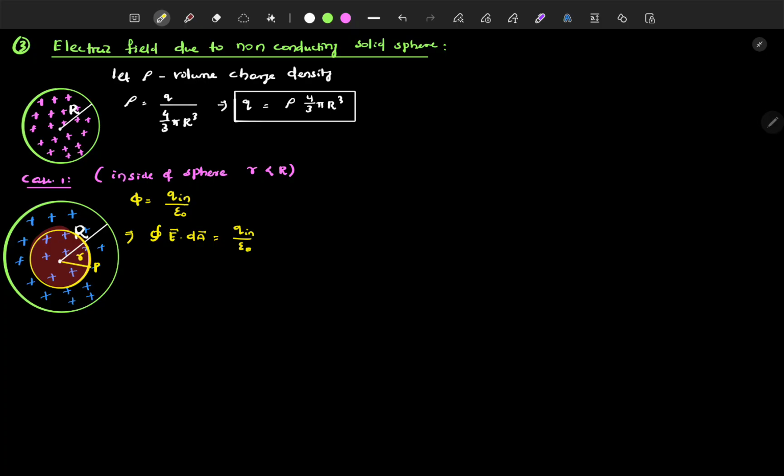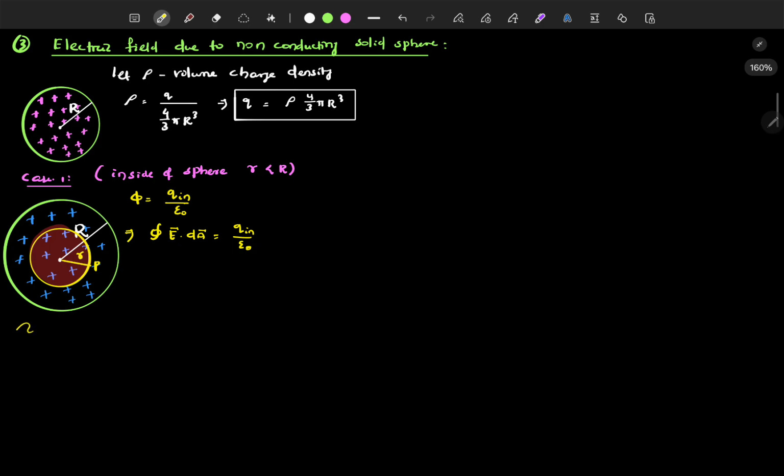So what will be the value? Remember how to calculate. Within the whole volume, 4 by 3 pi capital R cube, the total charge enclosed is Q. In unit volume, the amount of charge available will be Q divided by 4 by 3 pi capital R cube.